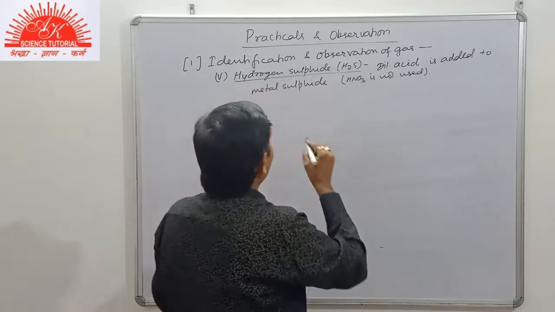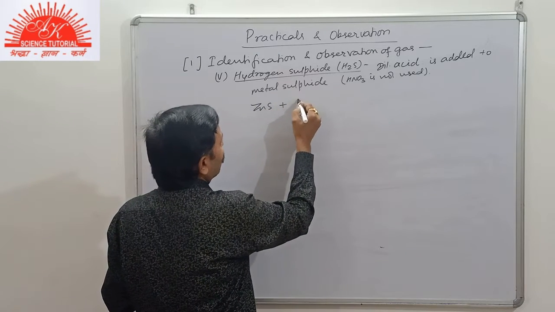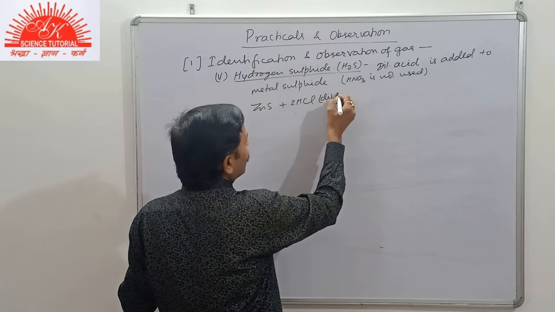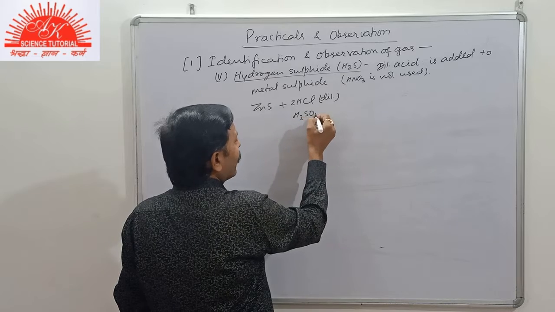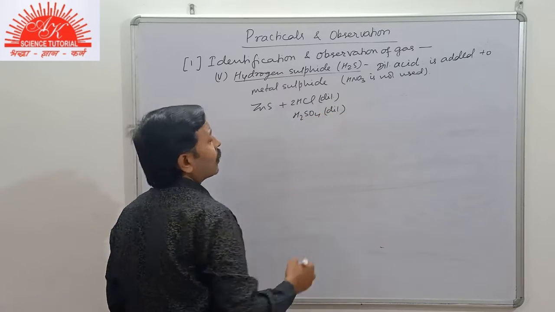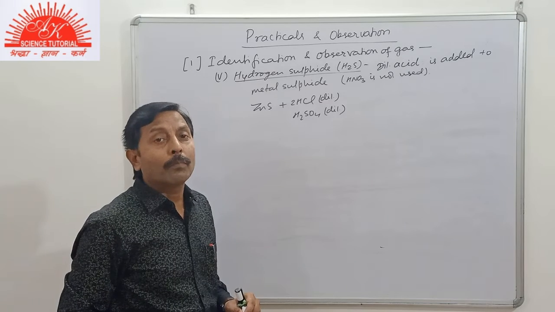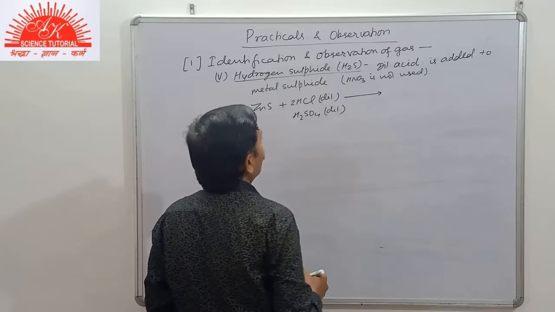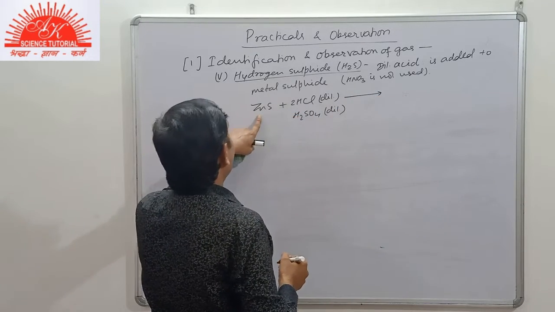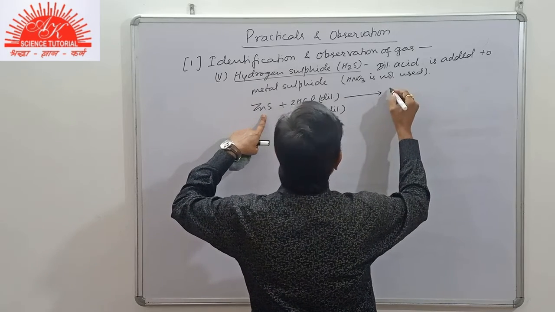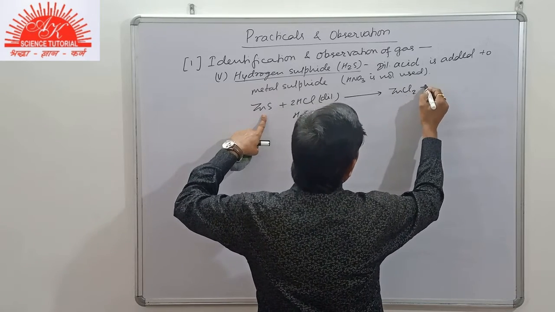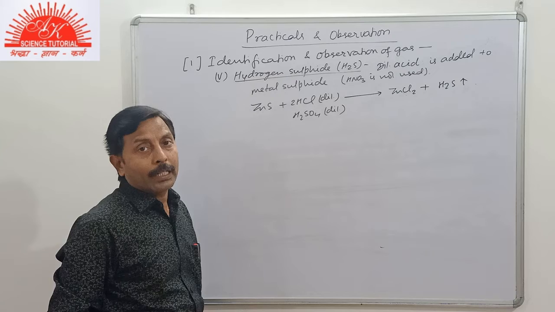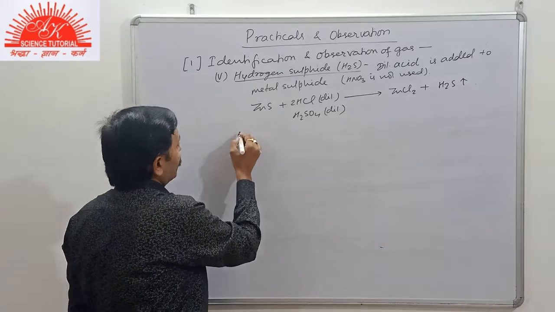Now you see, suppose we take ZnS plus dilute HCl. So students, this type of reaction will also help us in studying the acid chapters or the different related chapters for production of the respective gas. Now, when dilute acid is added to metal sulfide, then we get salt plus H2S gas.